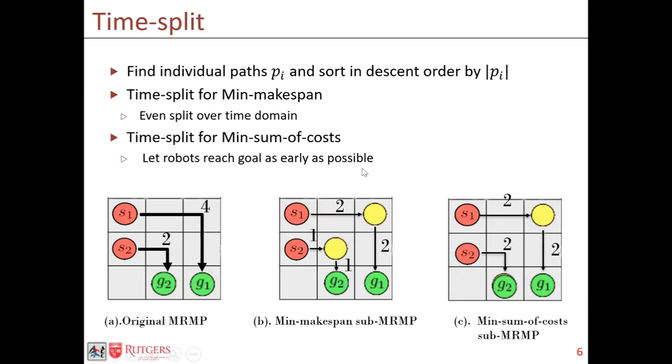As for minimum sum of costs MRMP, the max span version can be very suboptimal since the sums of costs of the subproblems are not additive. Look at this example.